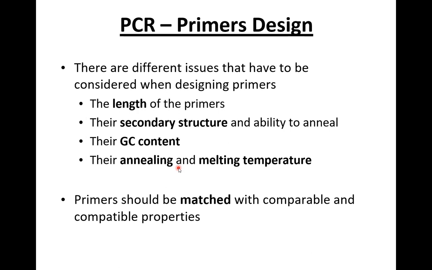Then you have to follow specific GC content rules. And then when it comes to actually doing the experiment, you want to use a specific annealing temperature, which depends on what is called the melting temperature. We'll talk about that again in a few slides.